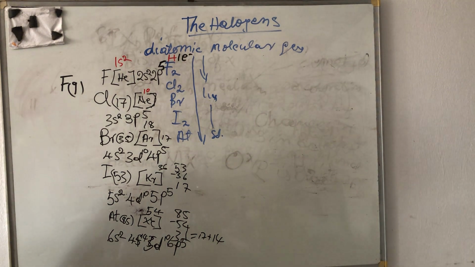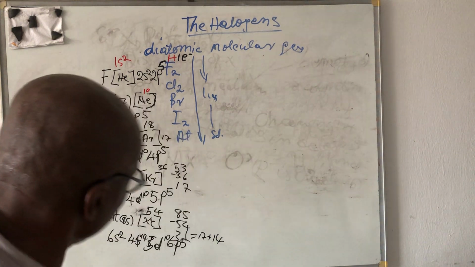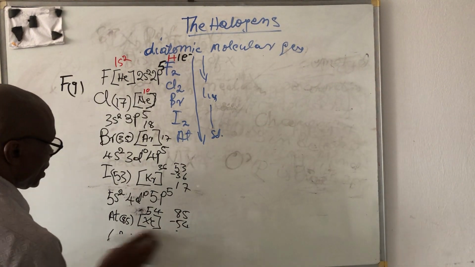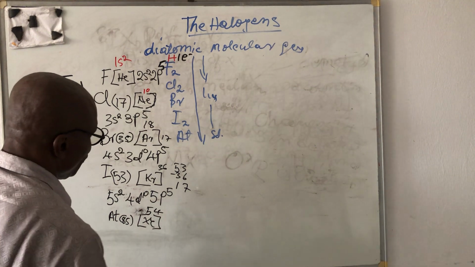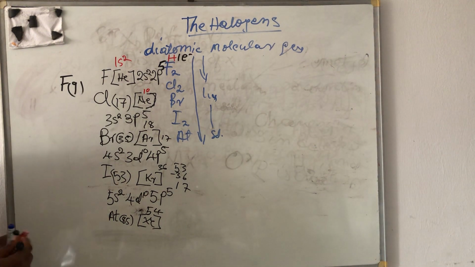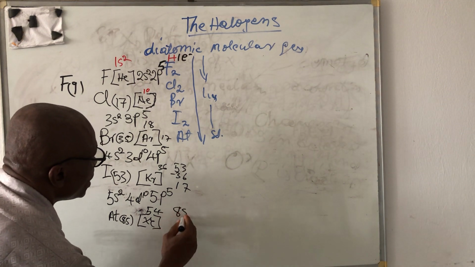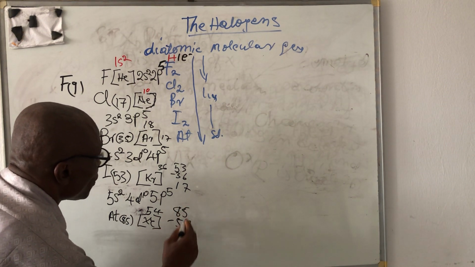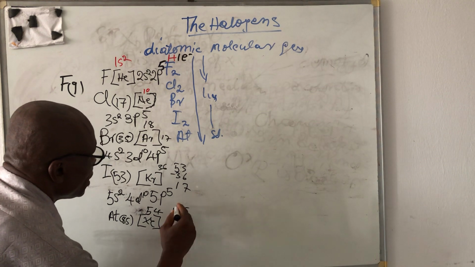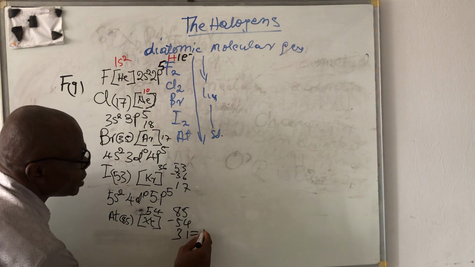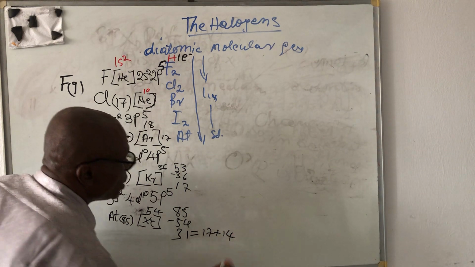We'll write that out again. How do we arrive at that electronic configuration? Astatine will assume the xenon core, which is 54. Subtract 54 from 85 and you get 31. What is 31? 17 plus 14.